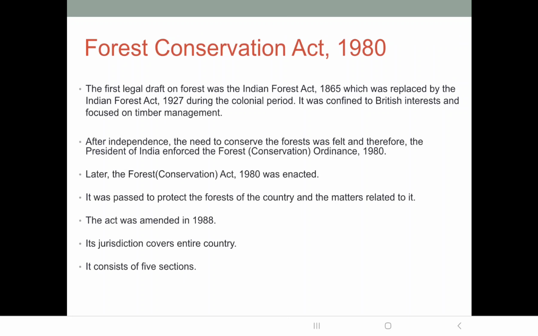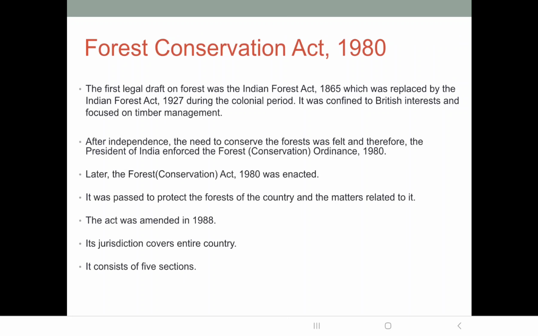Because the Indian Forest Act, which was enacted in 1927, had lacunae or gaps, and it was primarily enacted to meet the colonial interest, which was basically timber production or timber extraction. But conservation of forest was considered important, and as a result in 1980 the Forest Conservation Act was enacted.